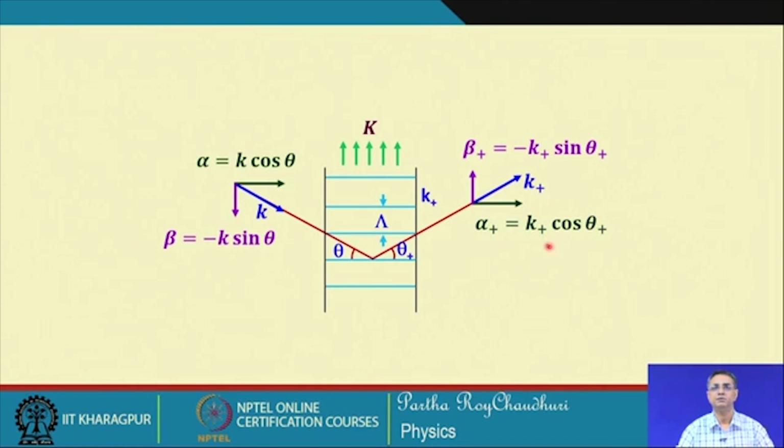For the incident beam, alpha equals k cosine theta, this is the angle theta, and beta will be minus k sin theta. Similarly, for the plus order diffracted beam, beta plus will be, this is a mistake, plus k plus sin theta plus, and alpha plus will be equal to k plus cosine theta plus. So this should be plus, this should be plus.